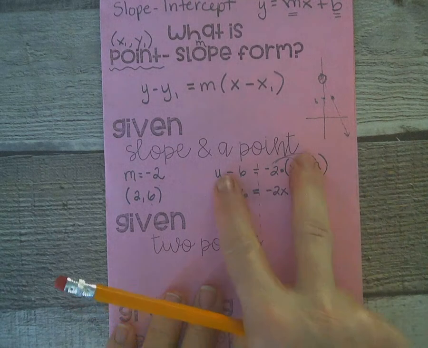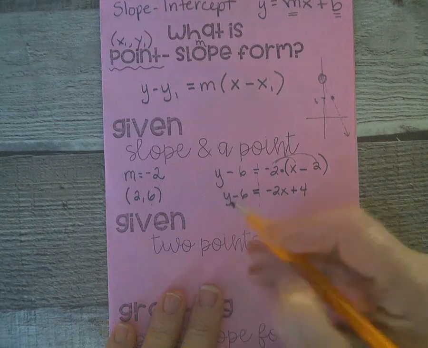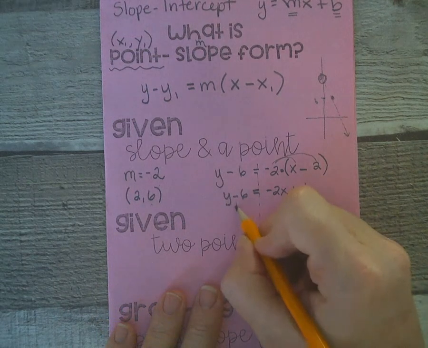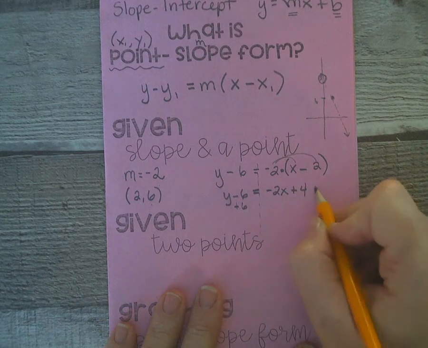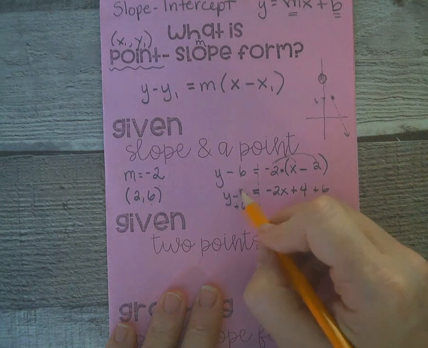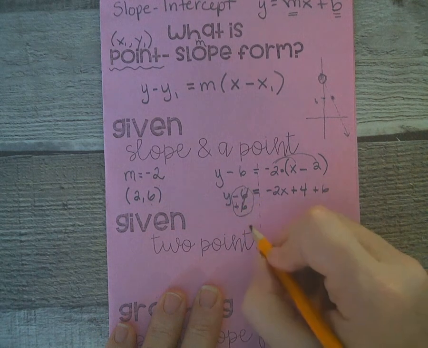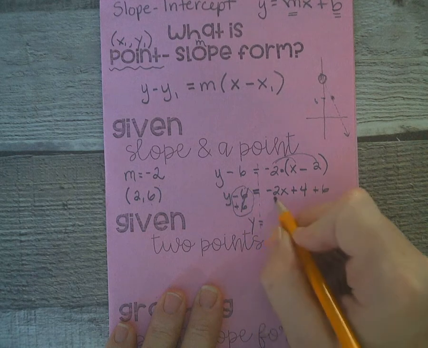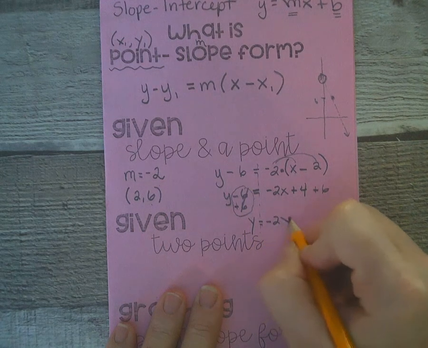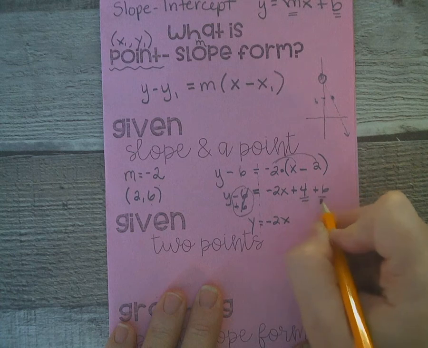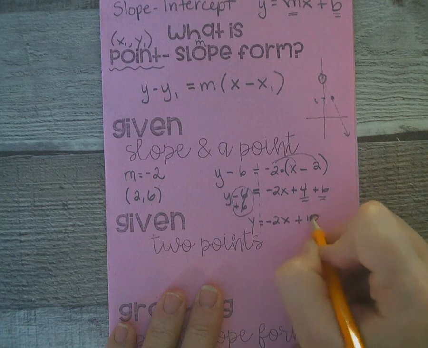Notice we're keeping everything lined up. Now to solve for y, we have to get rid of this -6. So we're going to add 6 to both sides, because we know that these two operations cancel each other out. And we're left with y equals -2x, and we combine our like terms to get +10.